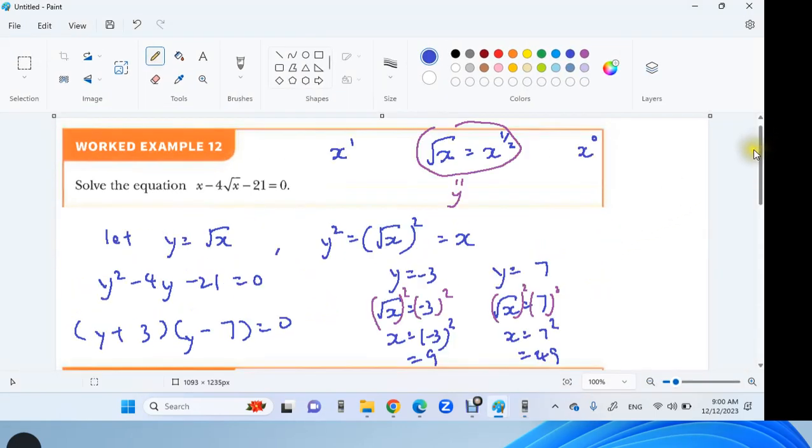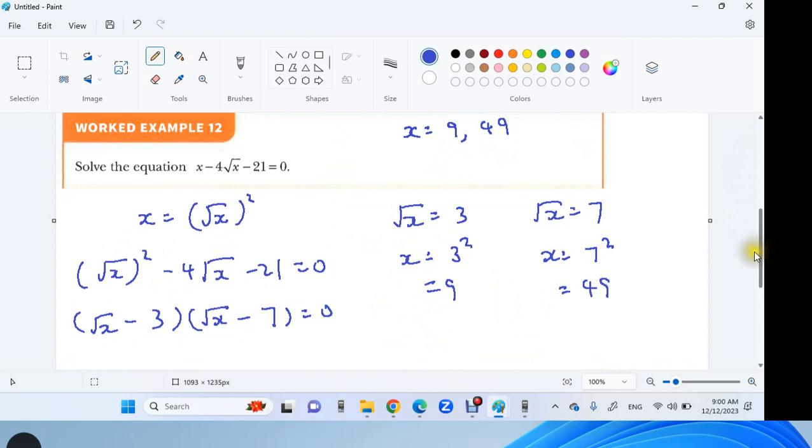Yeah, wait. Oh, I found a mistake here. It is negative 3. Then you find the negative 3 squared is 9. I shouldn't do this step. Until this part, I should reject it. Why should I reject it? Because square root x is always greater than or equal to 0.